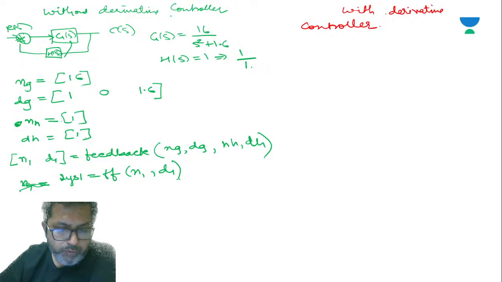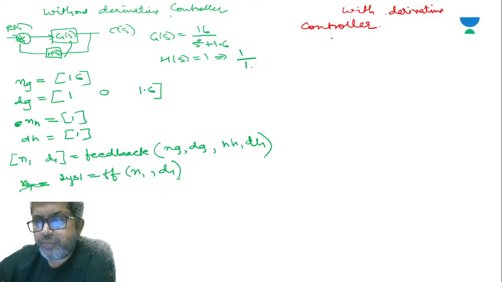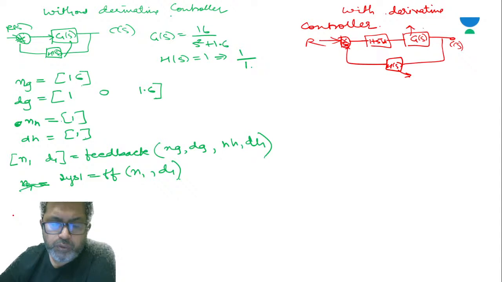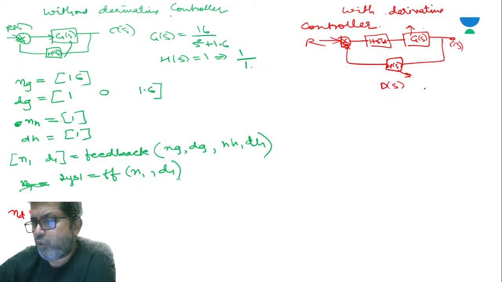We will write down the controller. The derivative controller D(s) is equal to 1 plus s TD, that is s TD plus 1.